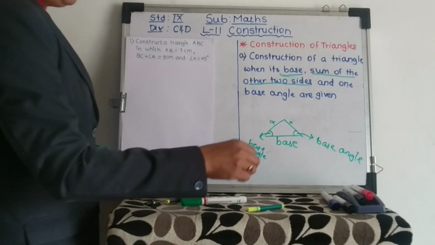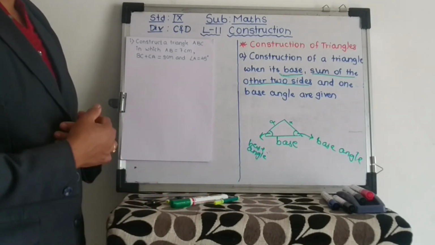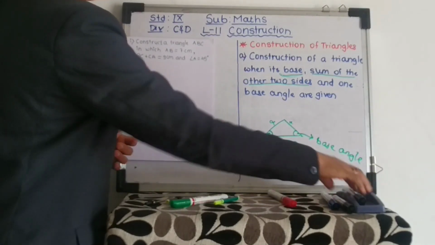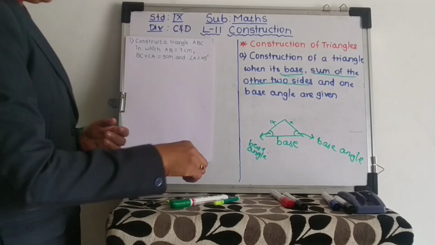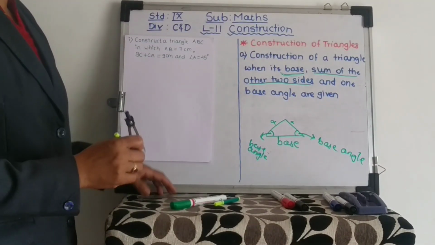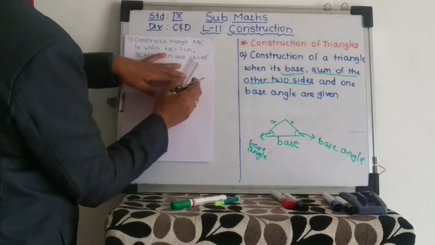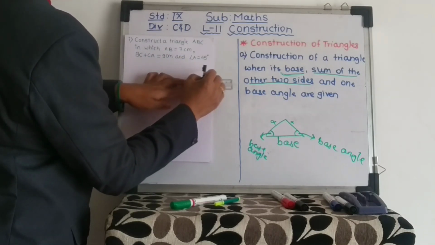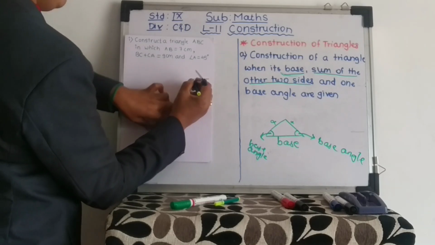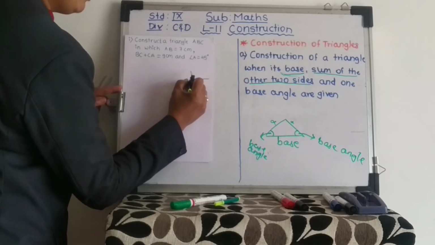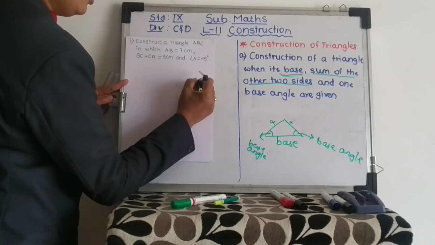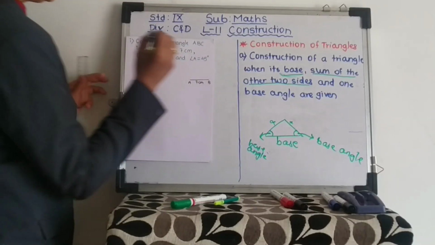Now you will say, ma'am, whether we will require a rough figure or not. We will draw a rough figure also, though it will not be exactly as in the actual construction. First we will draw the base, which we label as AB, equal to 7 cm.